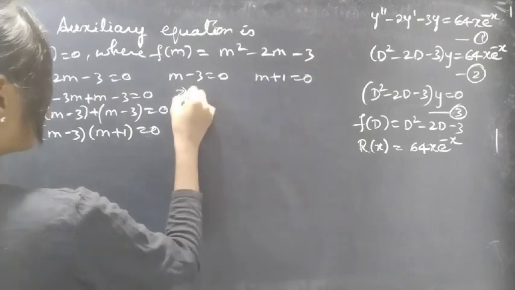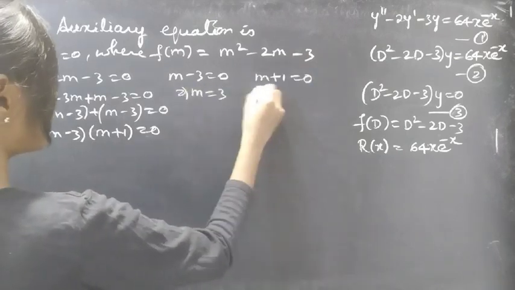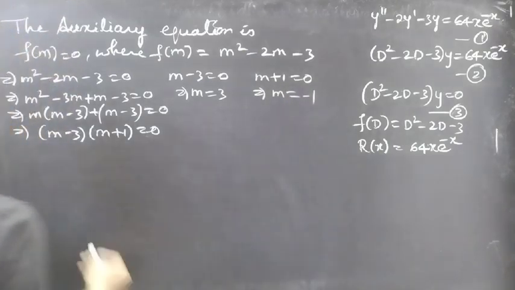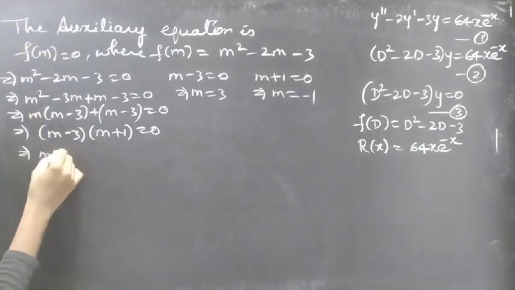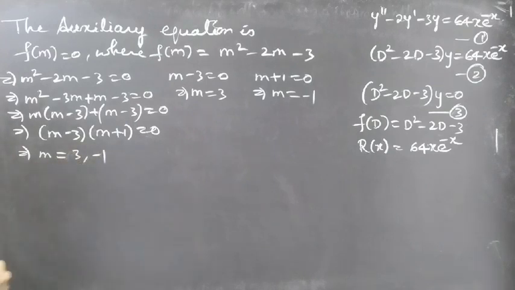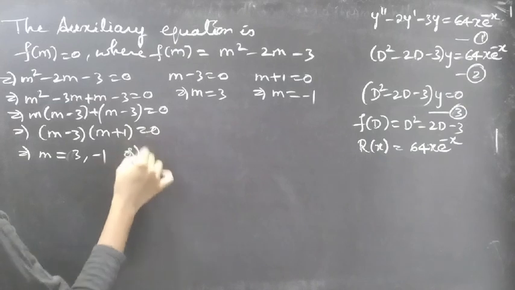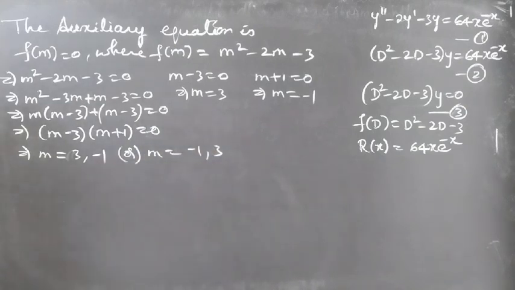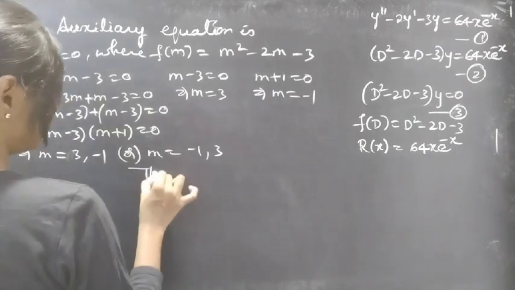Then from m minus 3 equal to 0 we'll get m equal to 3, and from m plus 1 equal to 0 we'll get m equal to minus 1. So m equal to minus 1, 3 are the roots, which are real and distinct roots to our auxiliary equation, right?